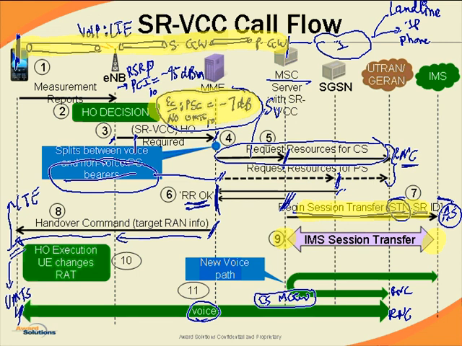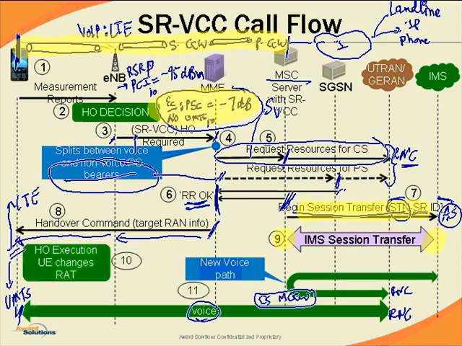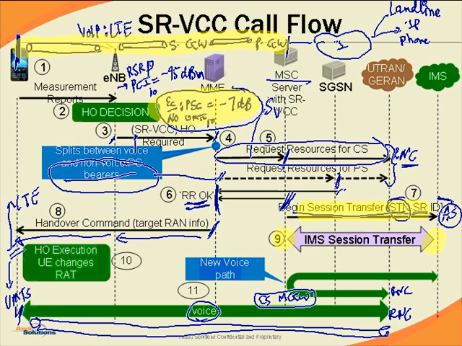If we have data, then data would be between the UE and the RNC and SGSN, and SGSN and either PGW or GGSN, depending on the architecture. Okay. So that is for data.